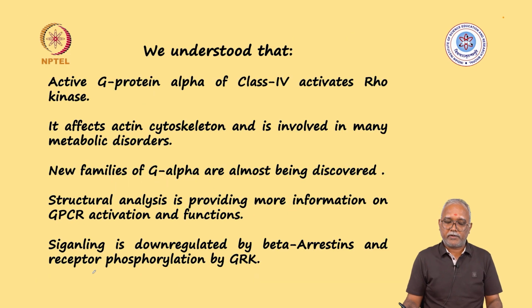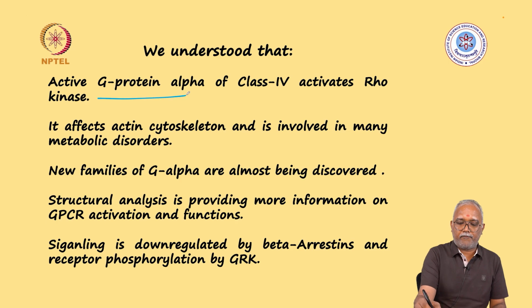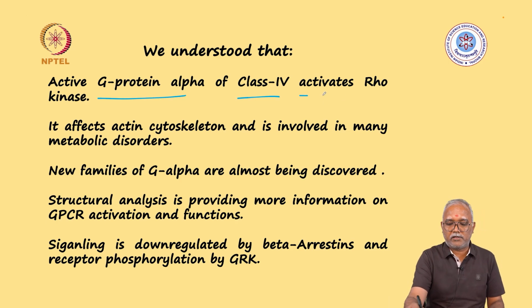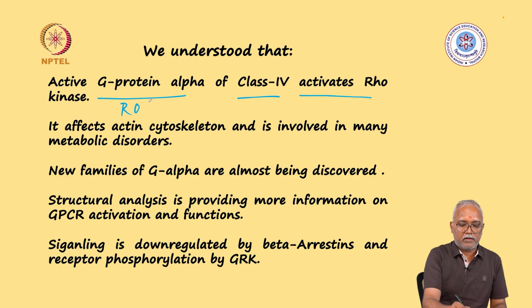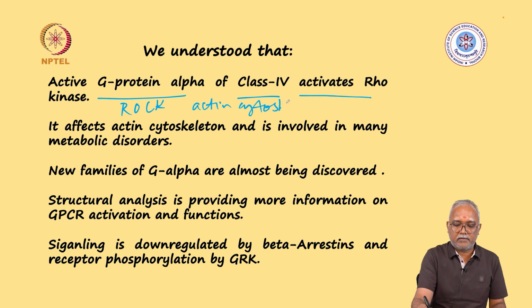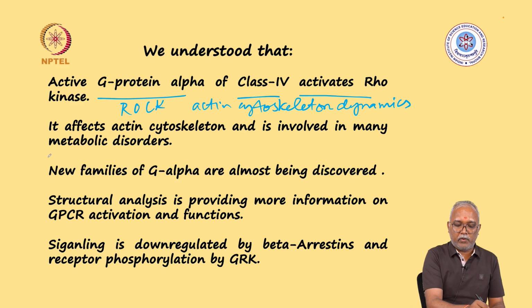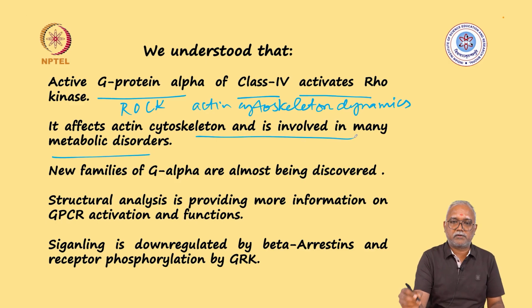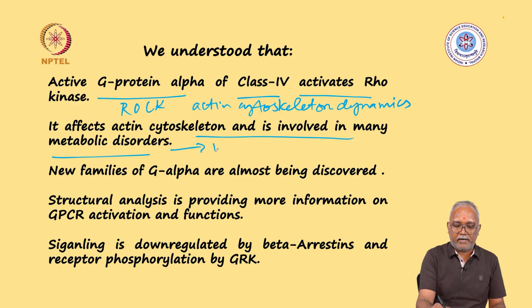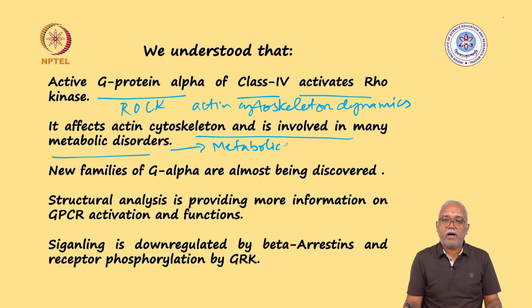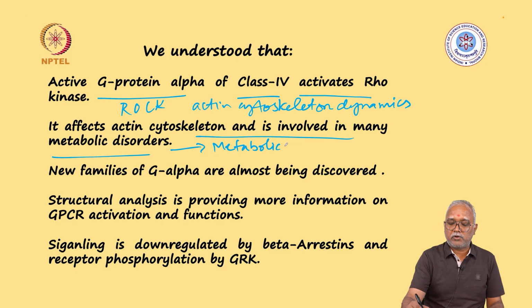So what we have understood in today's class is that G-alpha protein of particularly class 4 activates the Rho kinase ROCK and mediates actin cytoskeleton dynamics, as well as being involved in the metabolism of fat and other small molecules, where we know that if this G-alpha is not working, you will end up having metabolic disorders like fatty acid metabolism disorders, or it has been shown to be working in solid tumors as well.